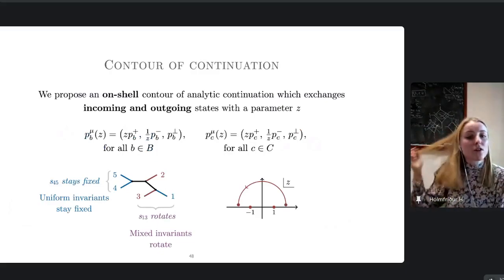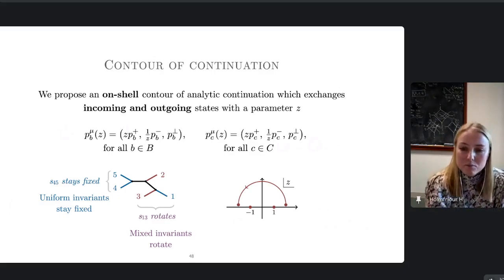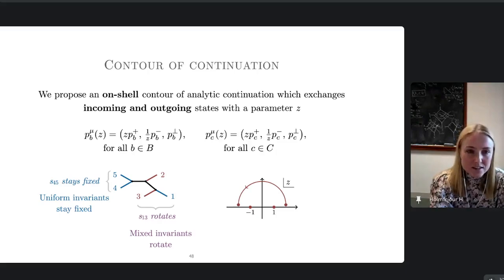So what we do for the crossing is that we propose an on-shell contour of analytic continuation, which exchanges the incoming and outgoing states with a parameter z. You might remember that way in the beginning of the talk I had this complex z-plane, and we can now know what this z is. It's basically in light cone coordinates.